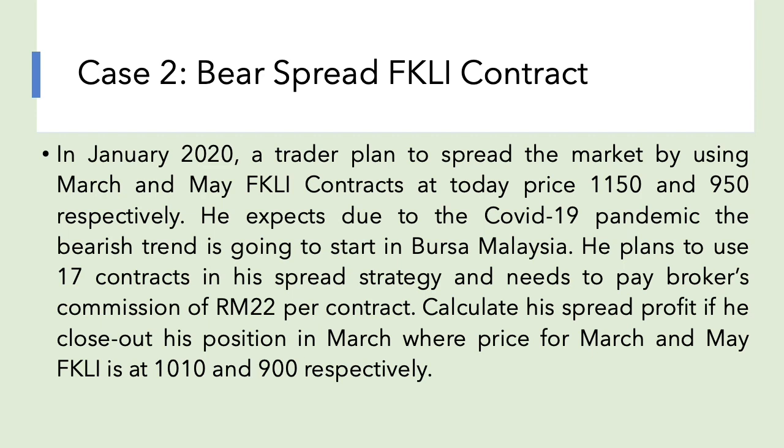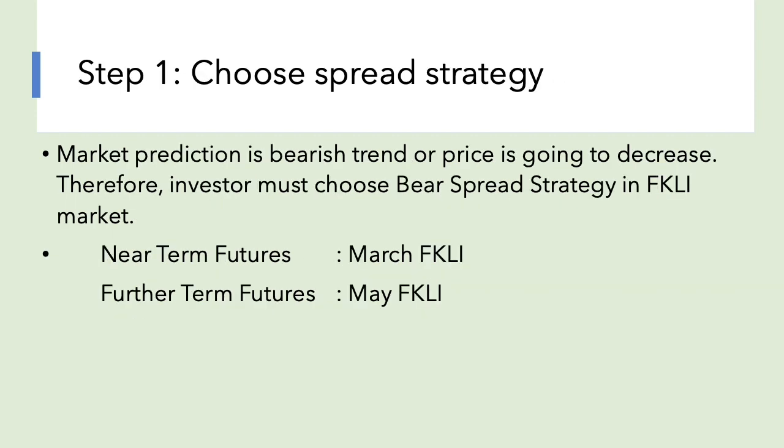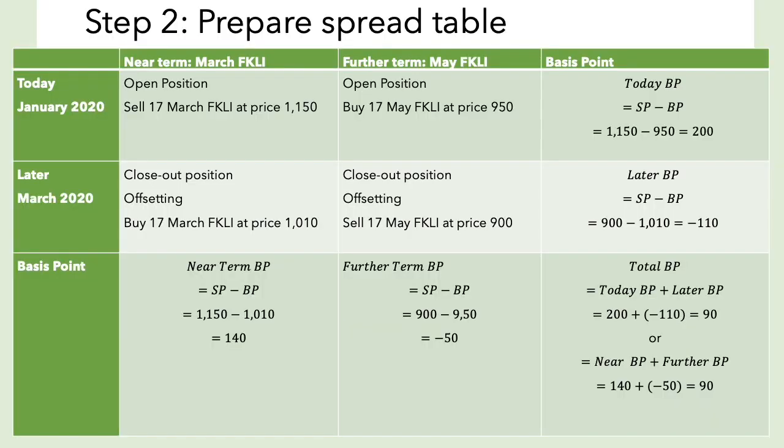In January 2020, a trader planned to spread the market by using March and May FKLI contract at today price 1150 and 950 respectively. He expects, due to the COVID-19 pandemic, the bearish trend is going to start in Bursa Malaysia. He plans to use 70 contract in his spread strategy and needs to pay broker's commission of 22 ringgit per contract. Calculate his spread profit if he close out his position in March, where price for March and May FKLI is at 1010 and 900 respectively.